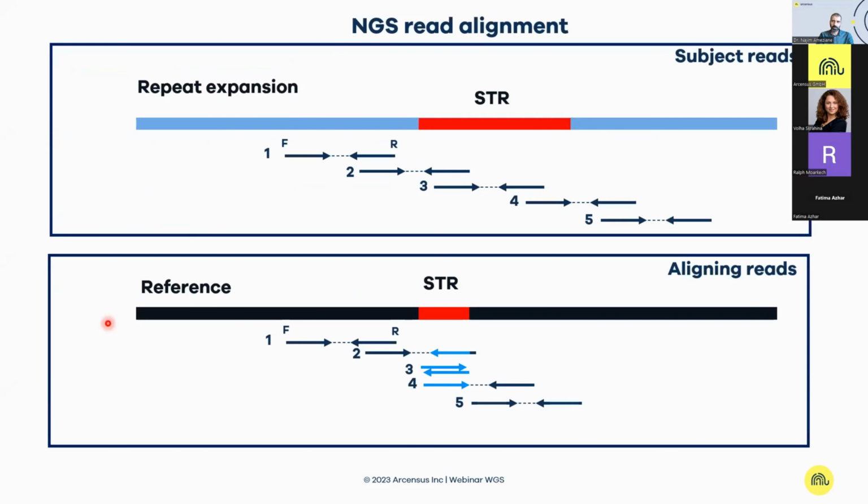So how does it work? This is just a simplified cartoon illustration of this repeat expansion detector. In the upper panel, you see an example of a segment of the DNA that contains a repeat expansion, which is depicted here in red. And then below, there is a segment of the DNA that is expected to have a normal size of the segment that is expanded in the upper case.